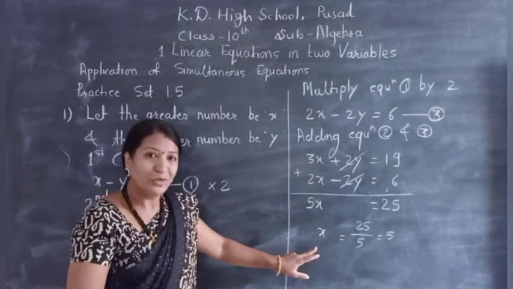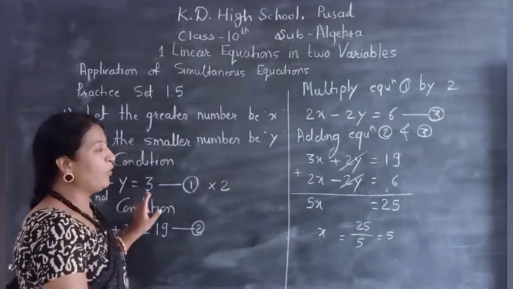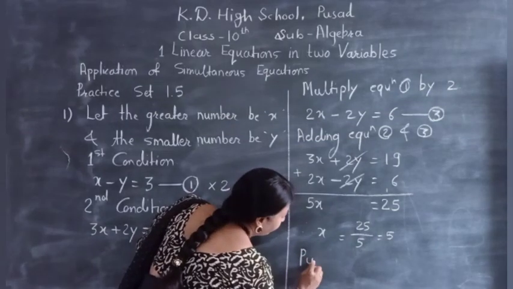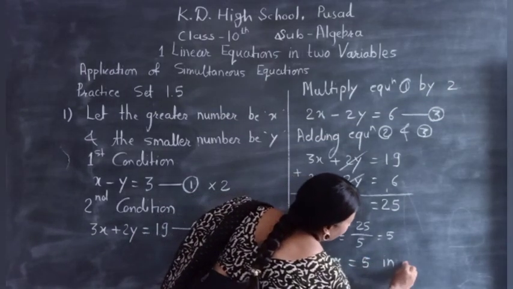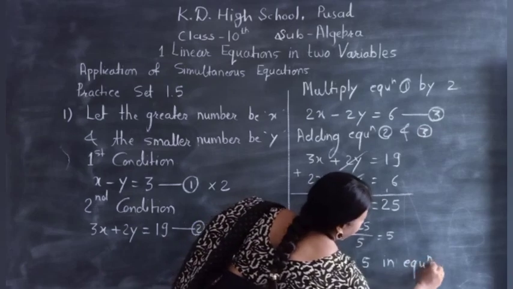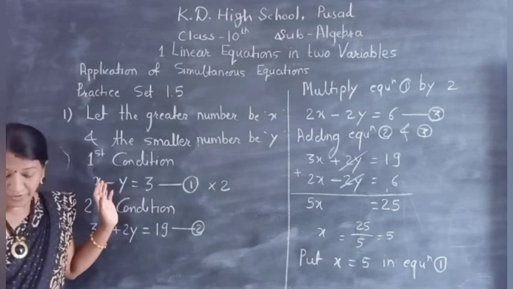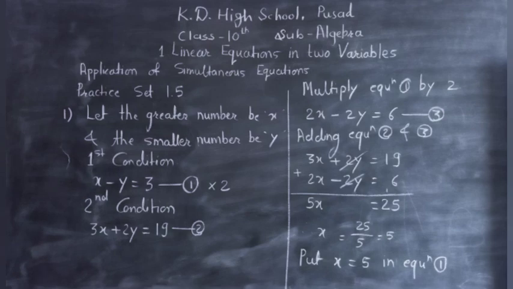Now we have to put this value of x in either equation 1 or 2, in any equation. So put x is equal to 5 in equation 1, to find out the value of y.